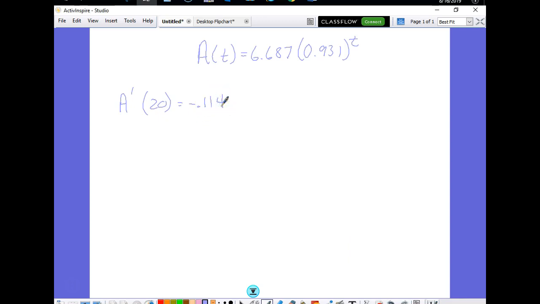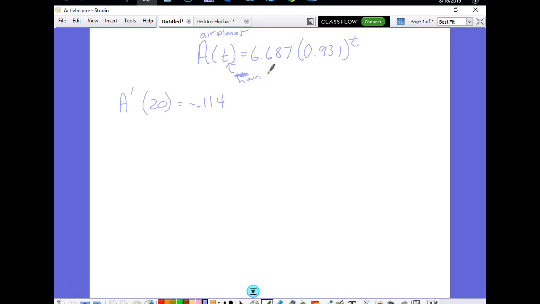Now they also mentioned something about units. You guys remember from the first FRQ helpful hint video that I gave you, let's just say that A represented airplanes and T represented time, right? Let's say hours.